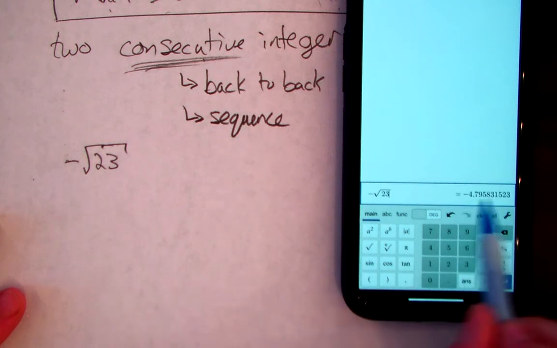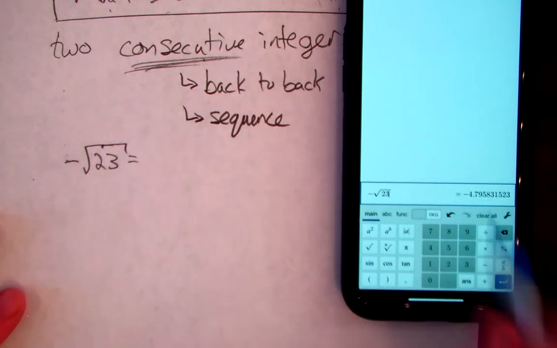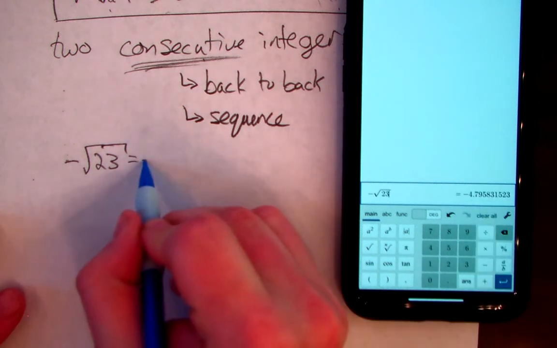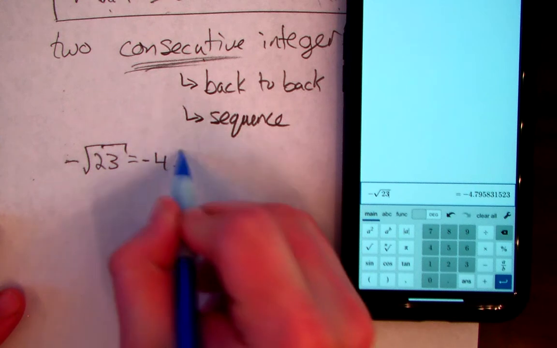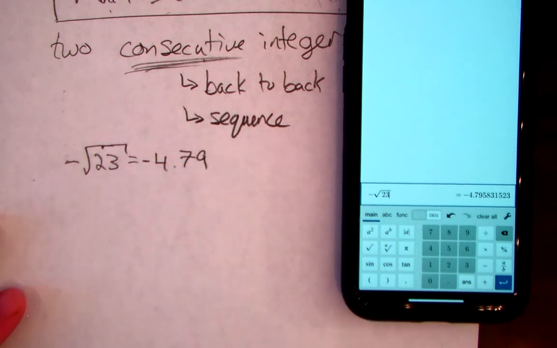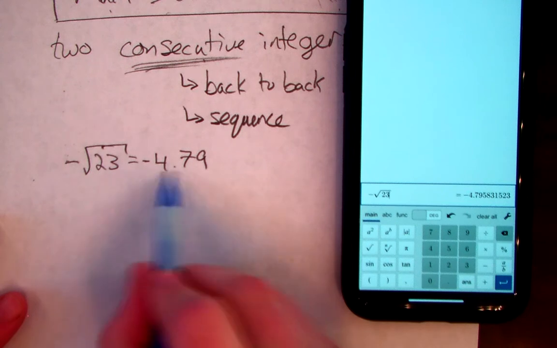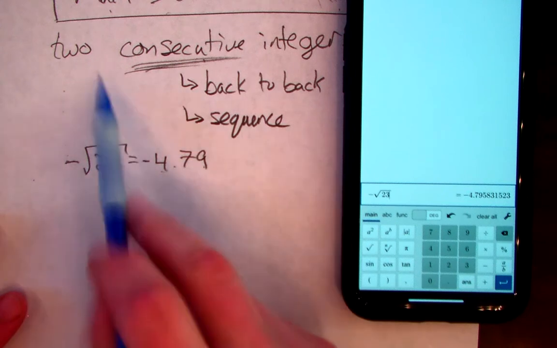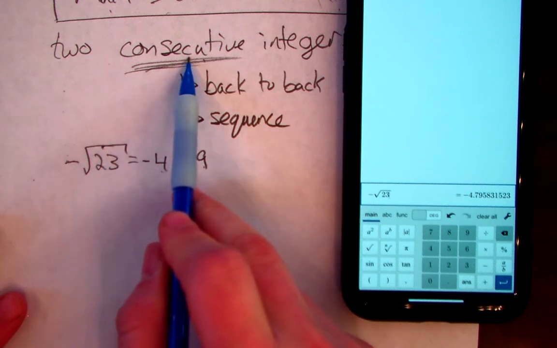It gives you this crazy number, but we can at least give it the first couple decimal places. So we have negative 4.79. All right, that kind of gives me an idea of where I am at. Make sure you're thinking, okay, where am I at? What are the two consecutive integers this falls between?